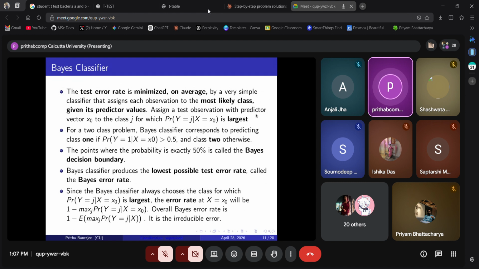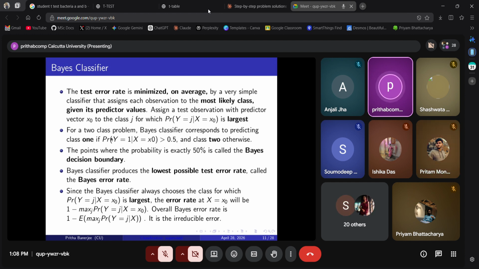So assign a test observation with a predictor vector x0 to the class j for which the probability of Y equal to j given X equal to x0 is the largest. That is what we have seen in the earlier slide. For a two-class problem, the Bayes classifier corresponds to predicting class 1 if the probability of Y equal to 1 given X equal to x0 is greater than 0.5, and class 2 otherwise.